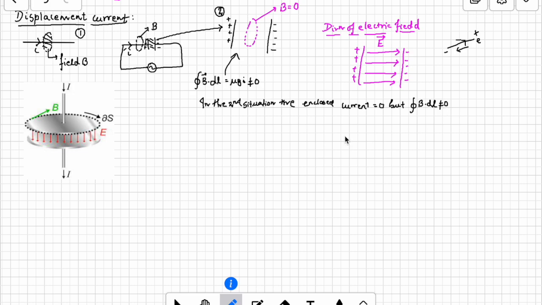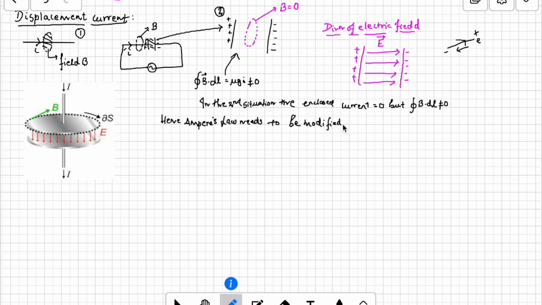So in that way we can say, hence, when we are talking about Ampere's law, the law which we have written just now needs to be modified. We have to modify it.